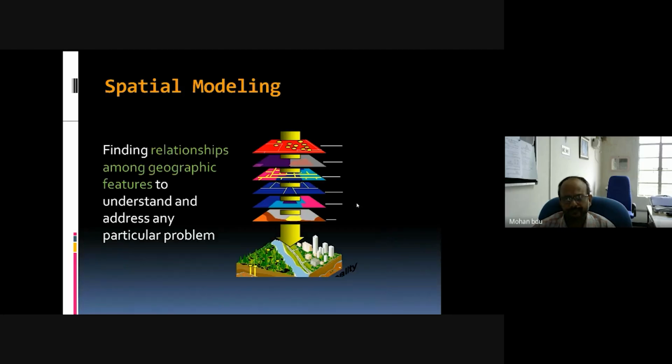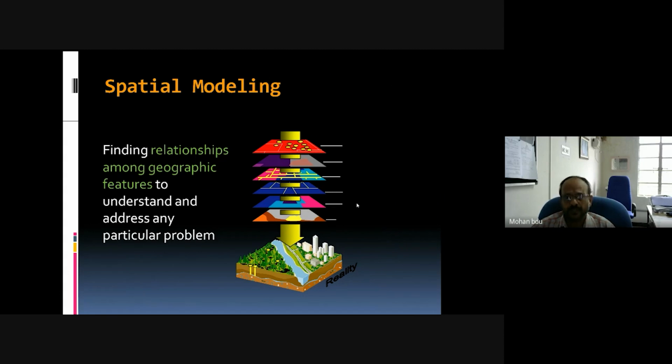And again, the satellite data is used for spatial modeling and finding relationships among the geographical features, to understand thematic issues, or to generate thematic maps.